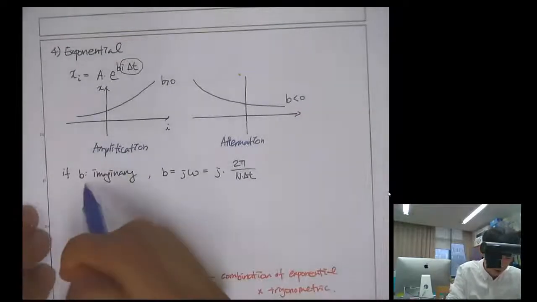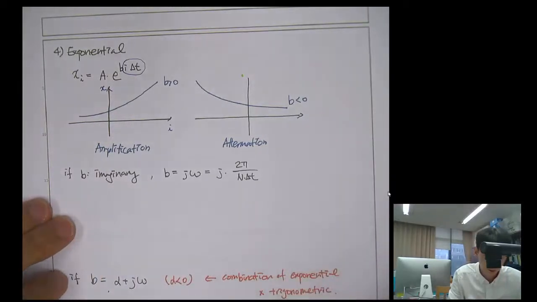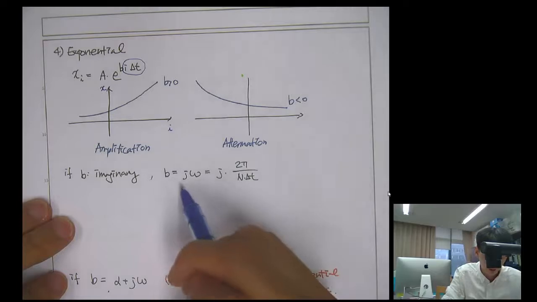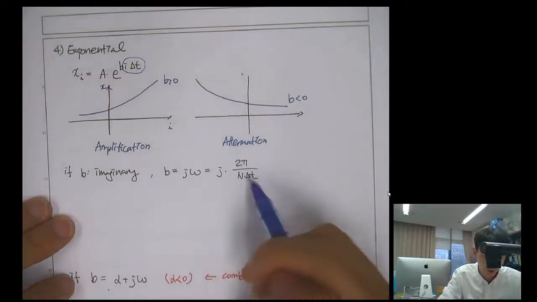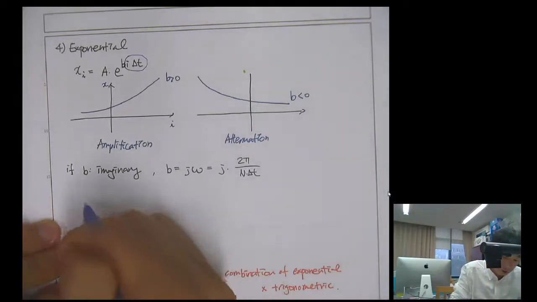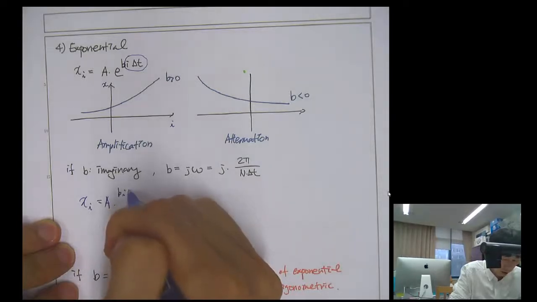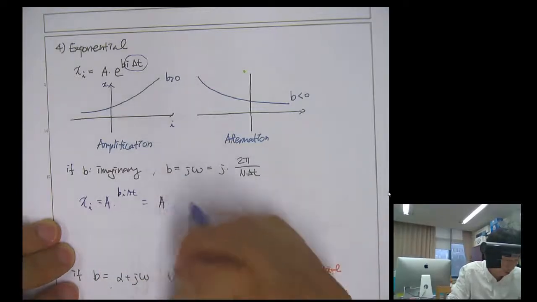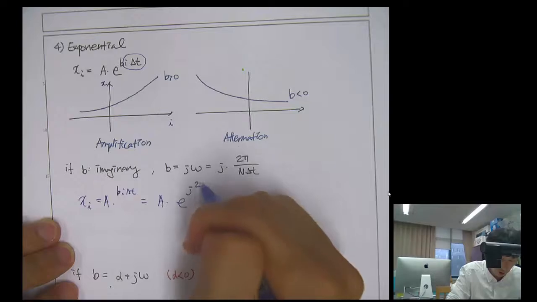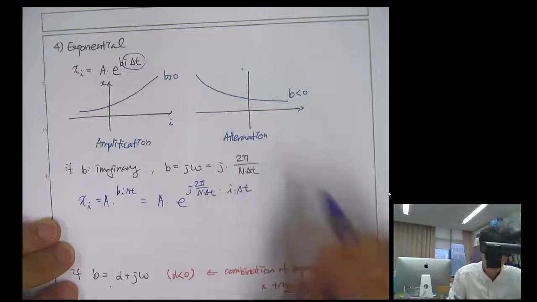If b becomes imaginary, then we can use Euler's identity, right? So b is j, it can be expressed as j times omega, and the omega was before 2 pi over N times delta t. So x[i] is a times e to the b i delta t, and if you replace the b with this, then a times e to the j 2 pi over N delta t times i delta t.